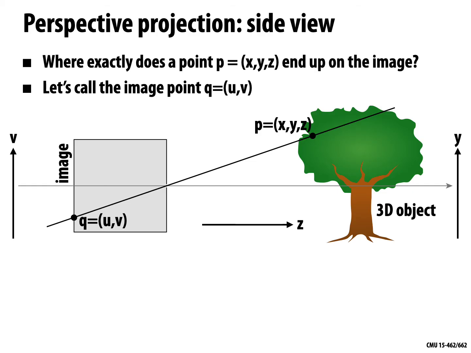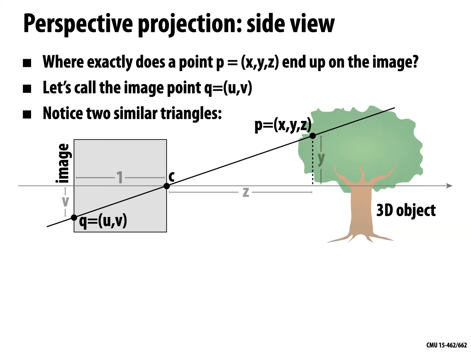Okay. Well, some of you may have thought, actually, this is something about similar triangles. I can notice that there are sort of two similar triangles in this picture. Right? There's the one on the right with base z and height y. And there's the one on the left with base 1 and height v.